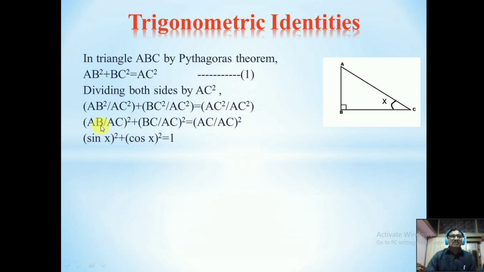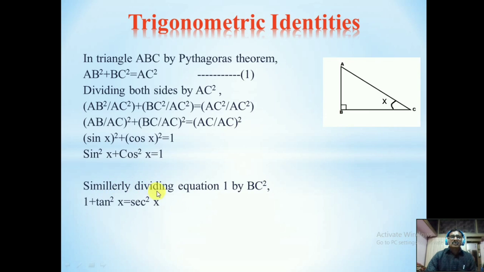Therefore, we get AB upon AC is equal to sin x, BC upon AC is equal to cos x, and AC upon AC is equal to 1, so 1 square is equal to 1. Therefore, sin square x plus cos square x is equal to 1. This is first identity.